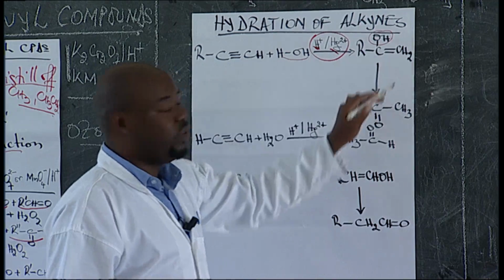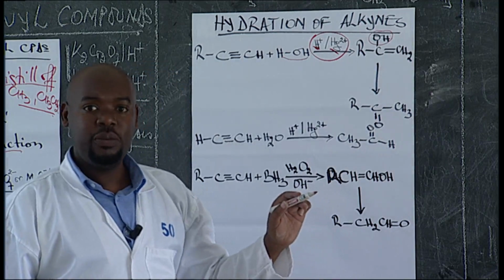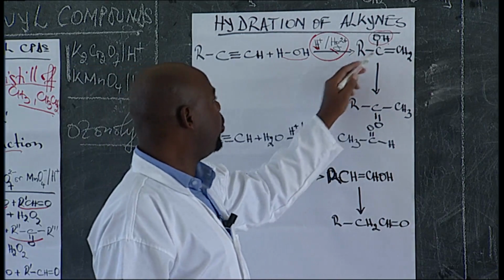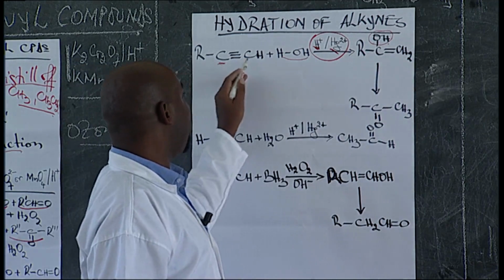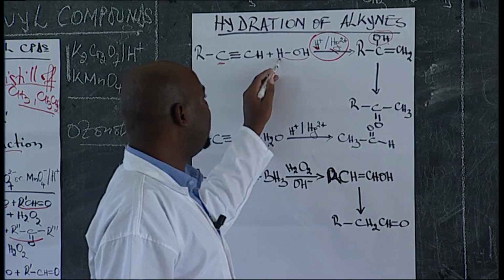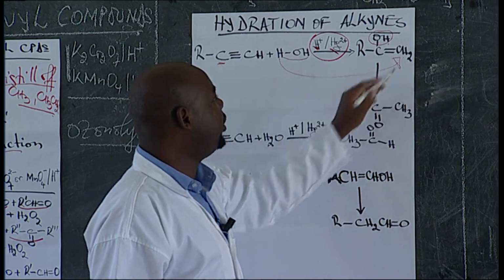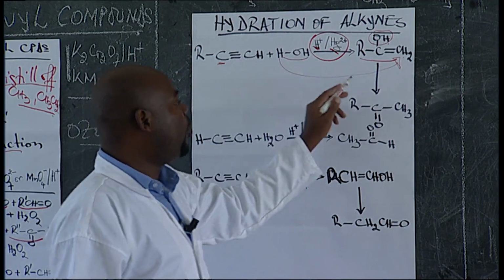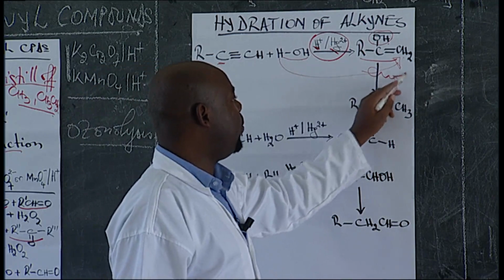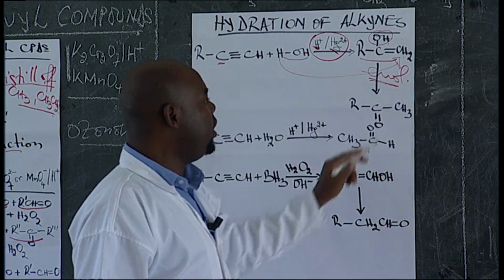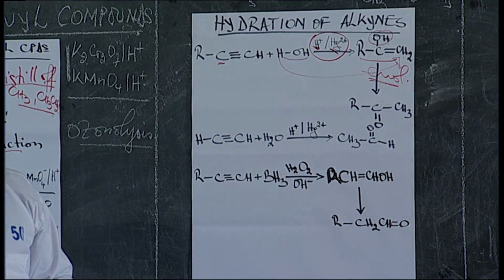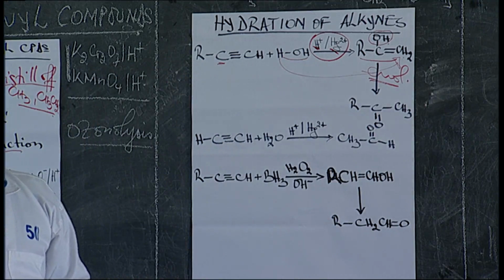Do you remember the Markovnikov rule? Yes, you remember it. So the OH goes to the carbon which is less hydrogenated, and the hydrogen goes to the carbon which is more hydrogenated. And we produce this compound, which we call an enol. Enol means what? It means that we have a double bond and an OH group.